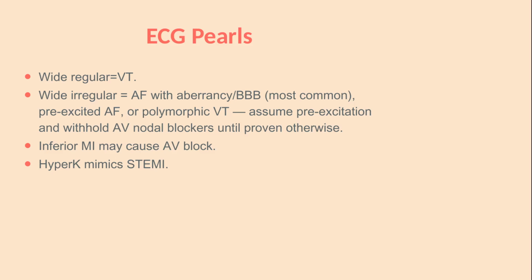Third, inferior myocardial infarction commonly produces AV block because the right coronary artery supplies the node in most people. The block is usually nodal, often atropine responsive, and frequently transient. But it means an inferior STEMI needs pads placed and a pacing plan.